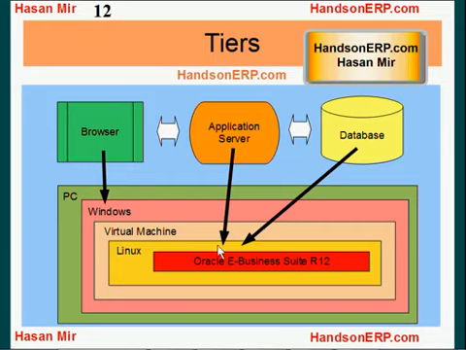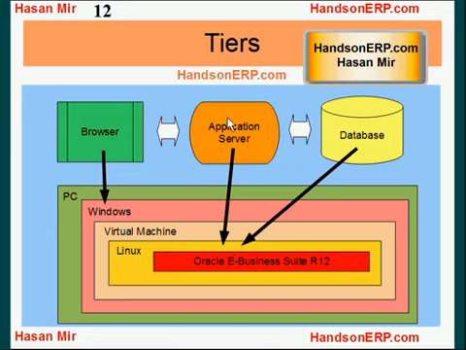So what we'll do is we will install both sets of services, application server services and database services, on a single machine, and that will become our server. So we'll have one server running the whole Oracle applications as opposed to 2 different servers.